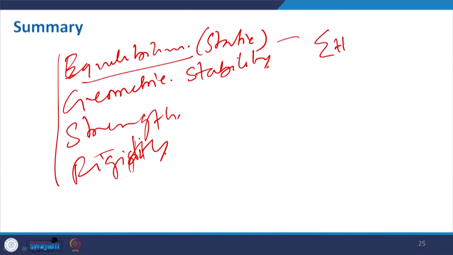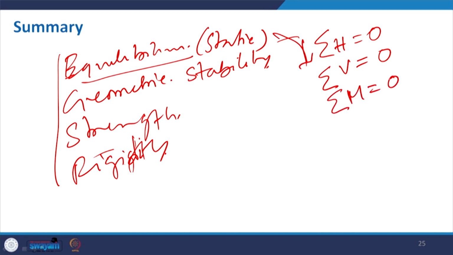For equilibrium, it maintains 3 conditions: the net horizontal force should be 0, the net vertical force should be equal to 0, and even the moment should equal 0. Then we will get this static equilibrium, otherwise my structure will not be stable.